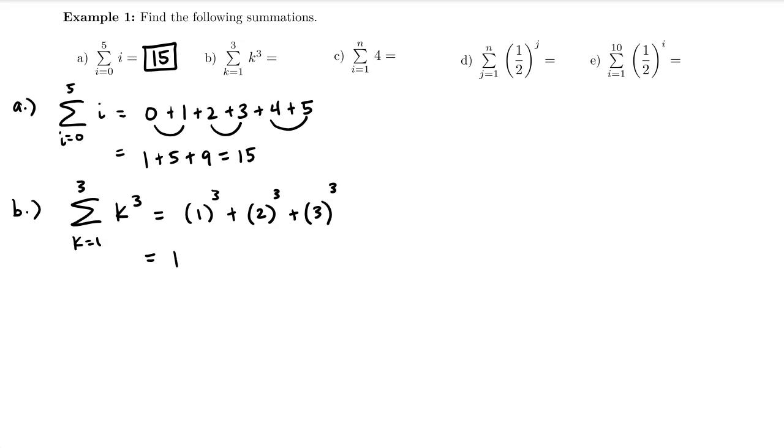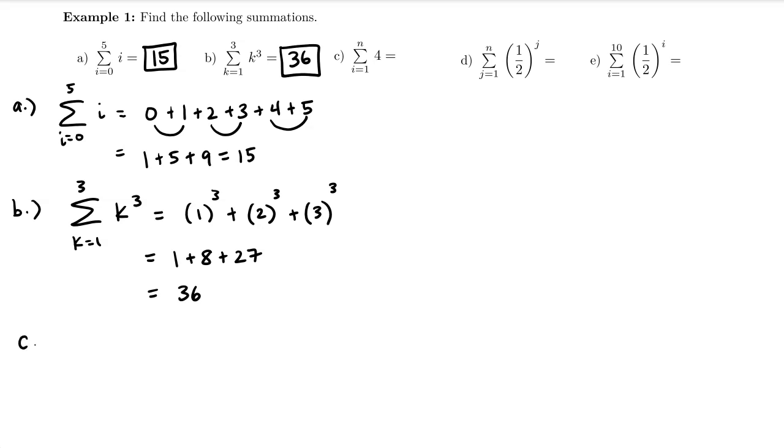This is equal to 1 plus 2 cubed, which is 8, plus 3 cubed, which is 27. If we simplify this, it equals 36. So our final answer for part B is 36.